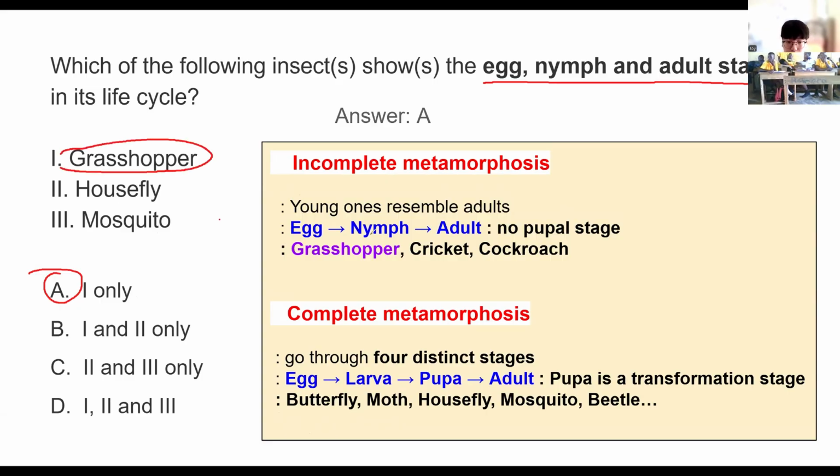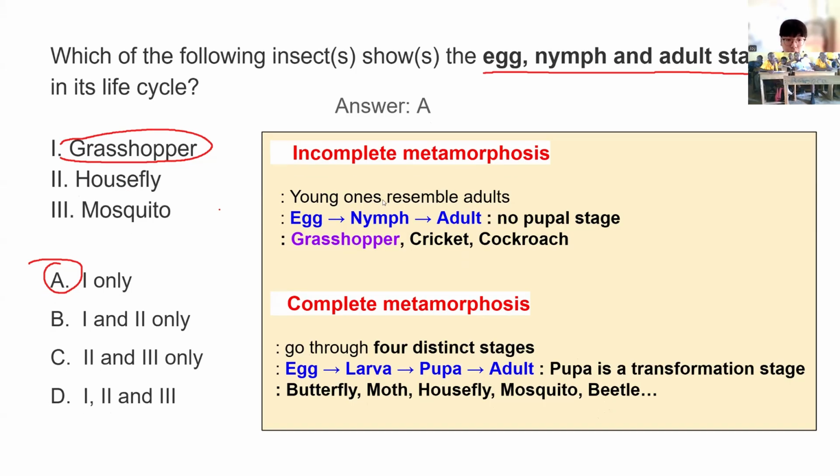So the reason why it's one only is it's grasshoppers. Let's look at grasshoppers first. Grasshoppers go through a process called incomplete metamorphosis. It's when you go from egg to nymph to adult without a pupa stage.